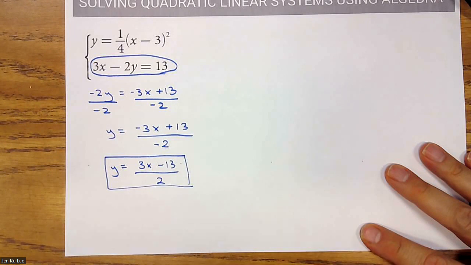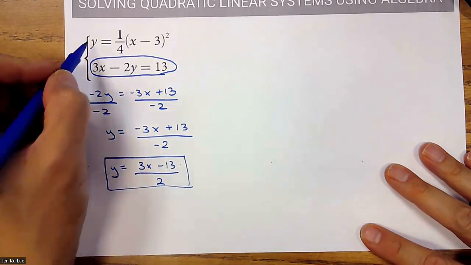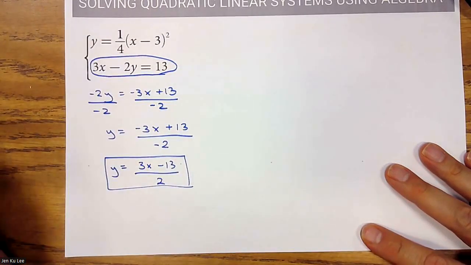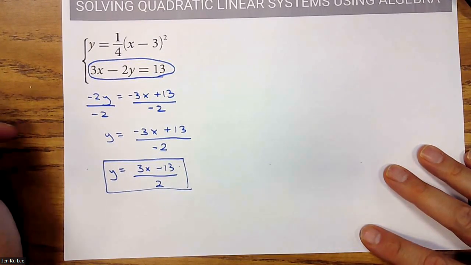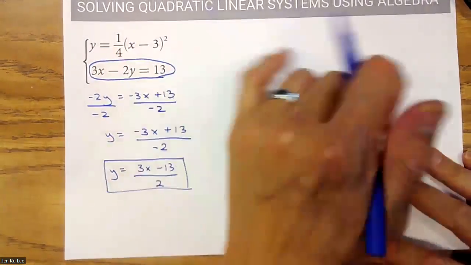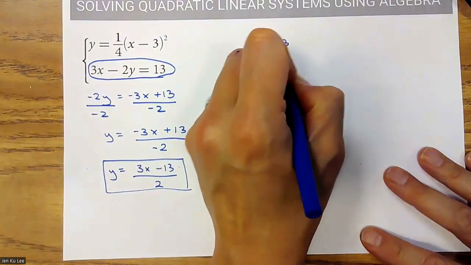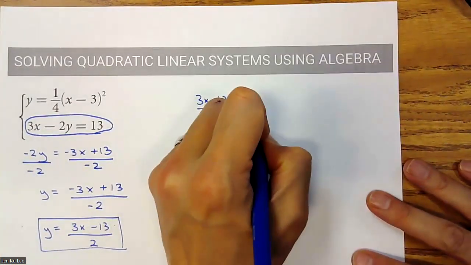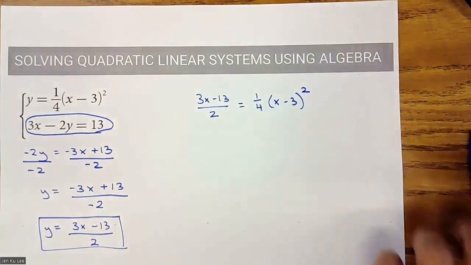Okay, and now that I got y is equal to this, I can plug this into my first equation, right? Y is equal to negative 1/4 x minus 3 quantity squared. So instead of y equals, I'm going to go 3x minus 13 divided by 2 equals 1/4 x minus 3 quantity squared.